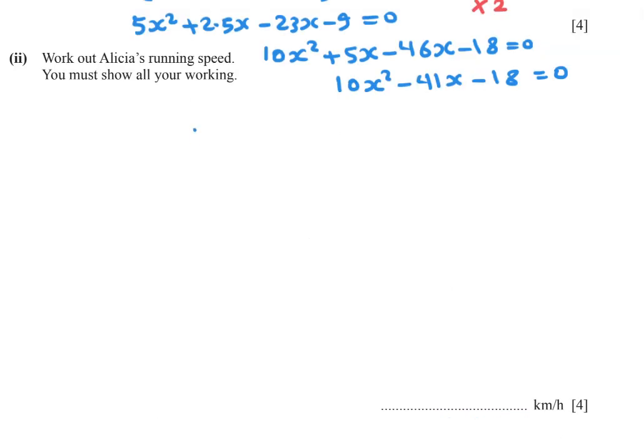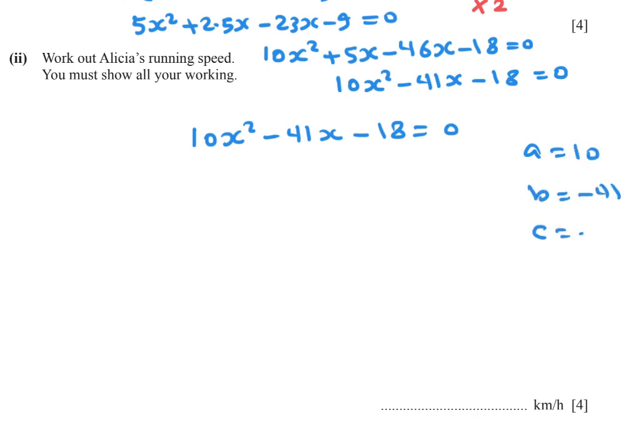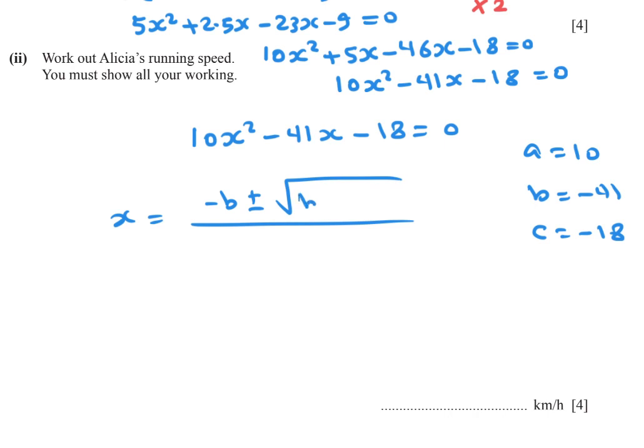Now solve this equation: 10x squared minus 41x minus 18 equals 0. You can use the formula. A equals 10, B equals negative 41, C equals negative 18. So x equals negative b plus or minus the square root of b squared minus 4ac, over 2a. So you have two values for x. If x is negative, it is rejected.